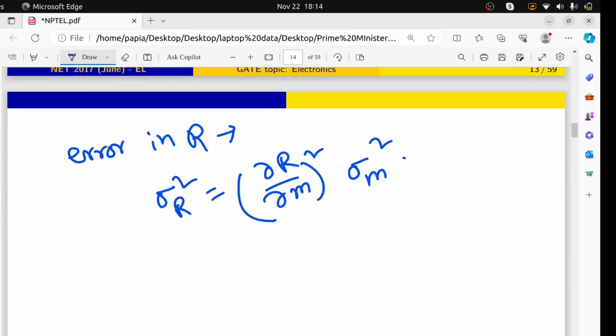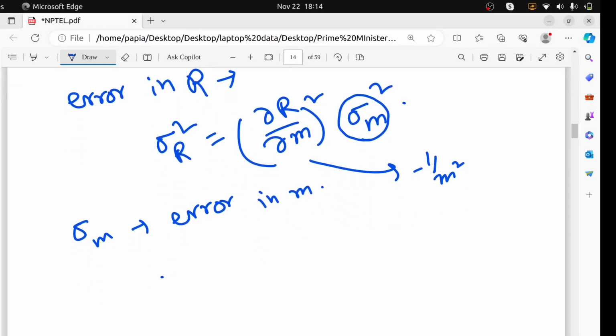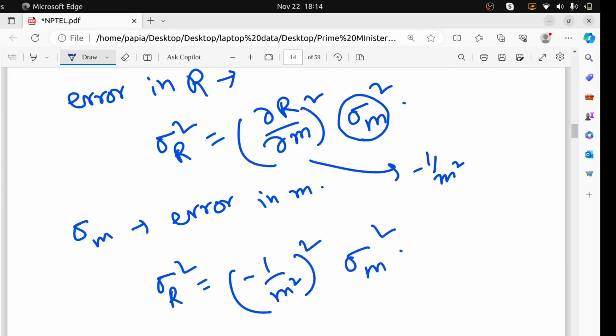Here you can see sigma M is already given. Sigma M is nothing but the error in M. So sigma M is given. Del R by del M we already know, that is minus 1 by M square. Now we can calculate the value of sigma R square, right? So sigma R square is 1 by M square whole square into sigma M square.